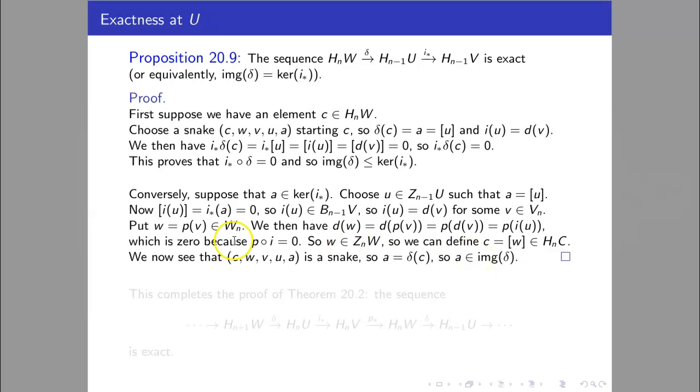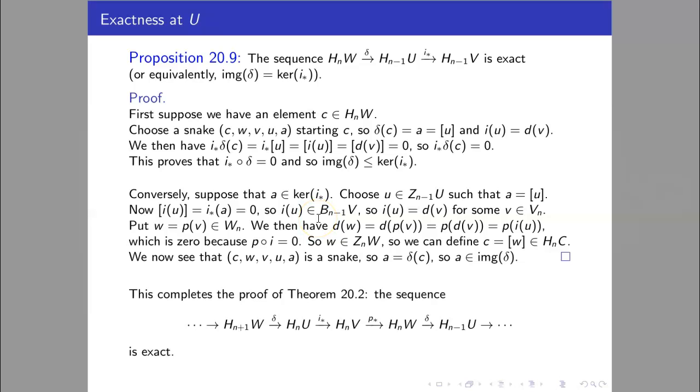So this paragraph proves that the kernel of I lower star is contained in the image of delta. This first paragraph proves the inclusion the other way around. So the image of delta is equal to the kernel of I lower star, which is what we were supposed to be proving. So now we've got exactness at U.